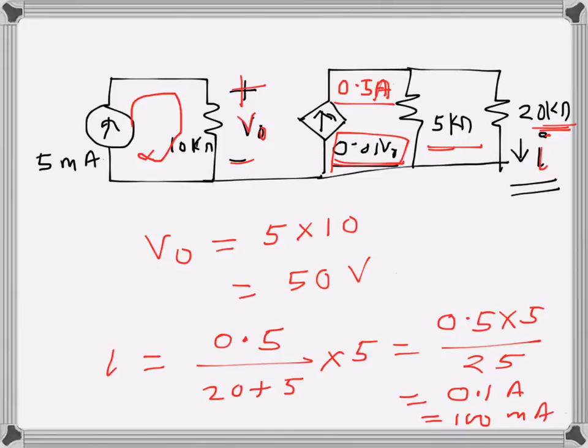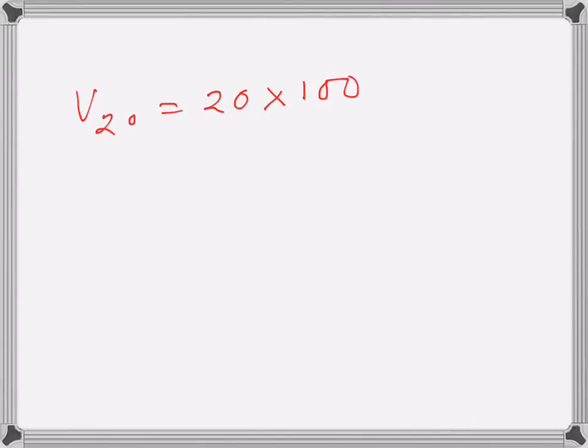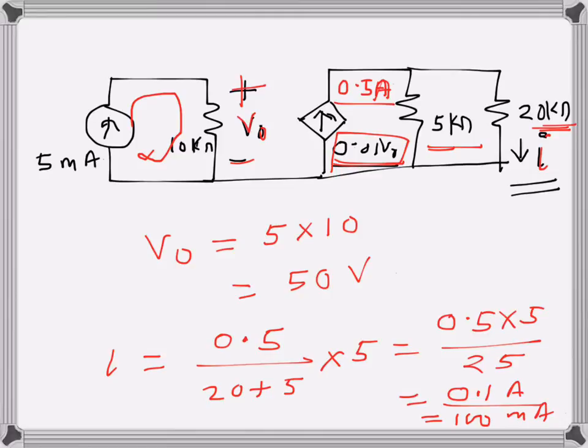Ideally I should convert everything to amps and ohms, so ideally it should be like this. This is in ohms, the resistance, and then current in amps will be 100 times 10 to the power minus 3, or 0.1 as I actually wrote here.